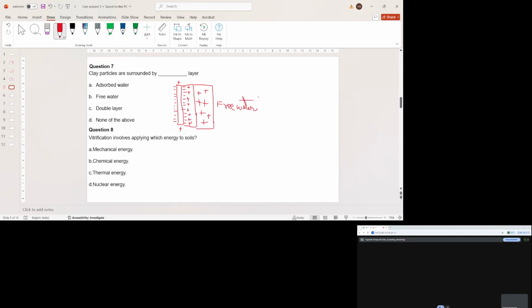Now this layer is called the Stern layer, S-T-E-R-N, and this is termed the Gouy, G-O-U-Y, diffuse layer.